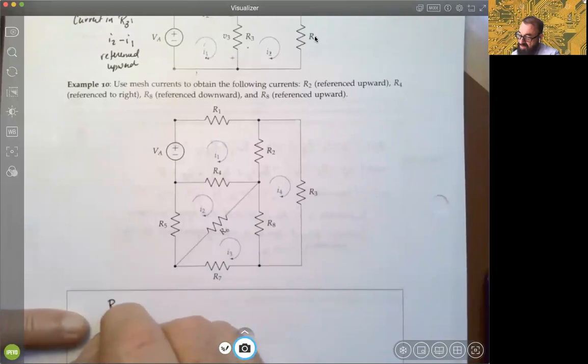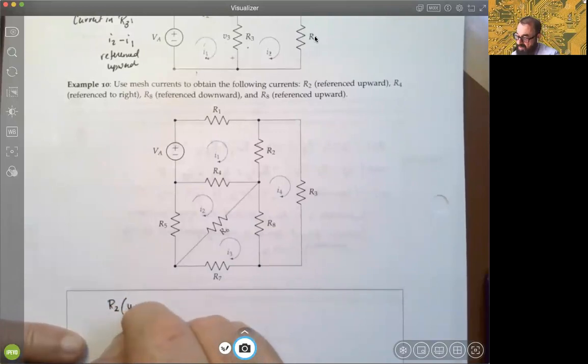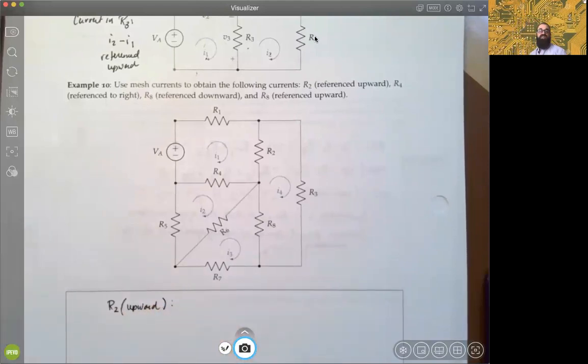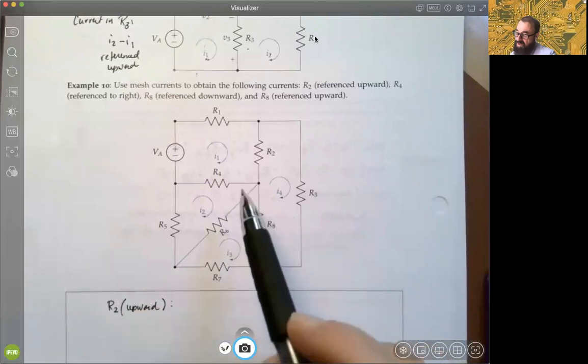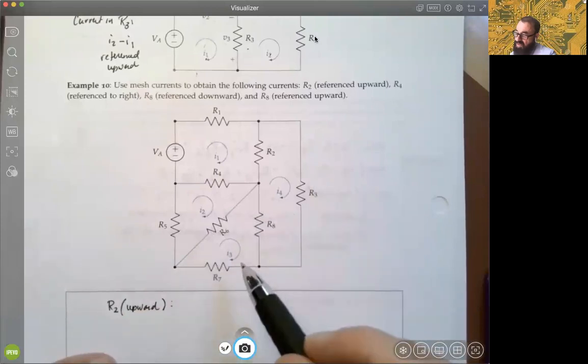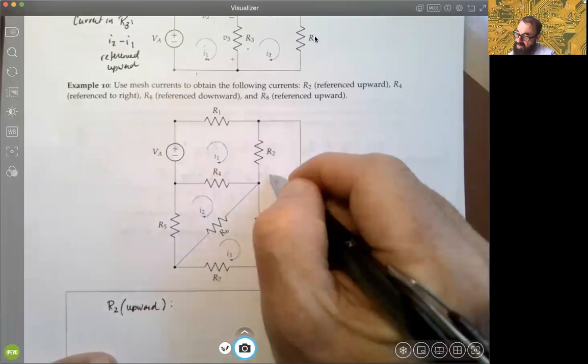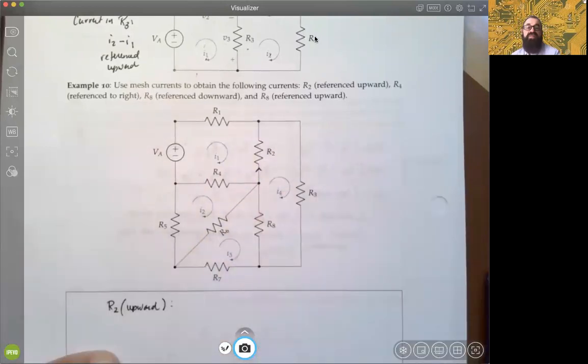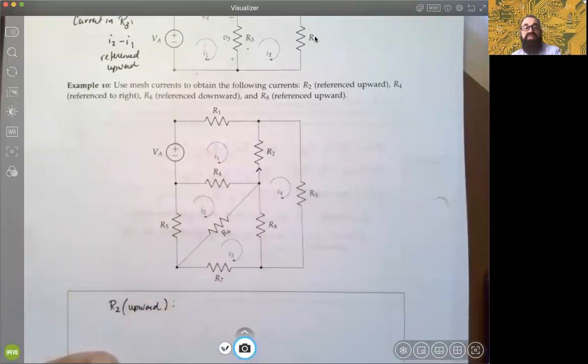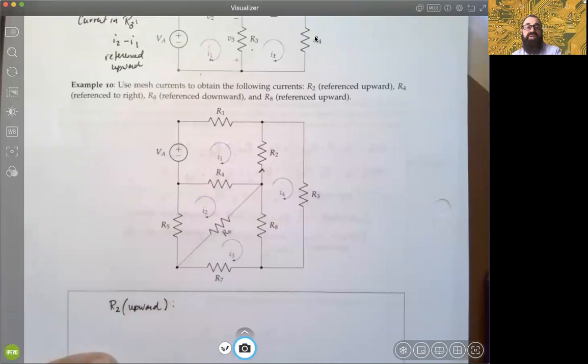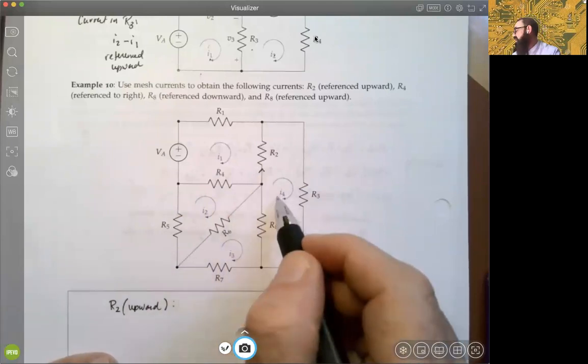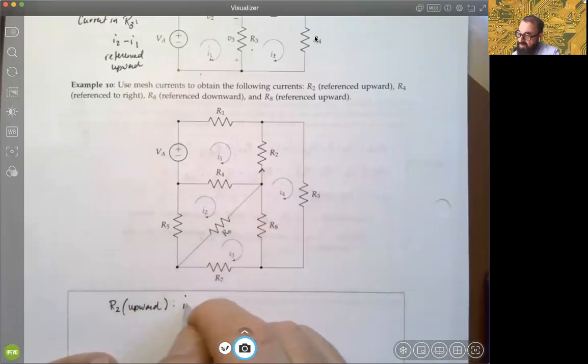So let's reference R2, let's say upward, okay? In other words, we're looking at a representation of the current, let's say, moving up through this resistance like that, okay? And so if that's going to be our reference there, if we're saying that's what makes that PRC and makes that resistance absorb energy, looks like it would be in the direction of I4 and opposed by I1.